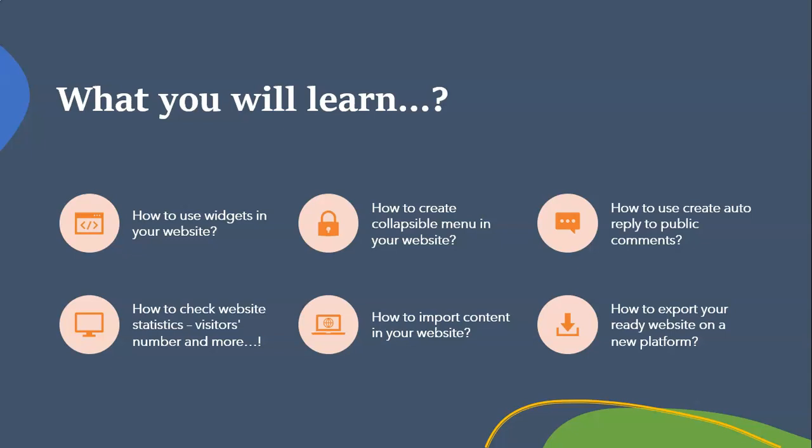You can learn how to create beautiful collapsible menus. Whenever the website will be opened, somebody visits your homepage, then he will come across the menu first. So in that menu, you can enter a number of different posts and pages, the entire content of your website. So that should be collapsible.